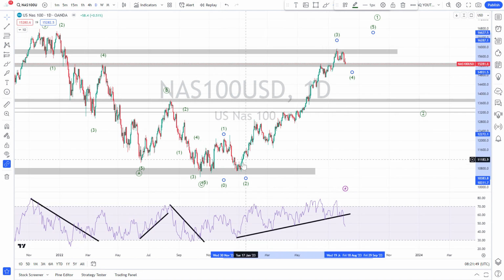We also see 5 waves in this: 1, 2, 3, 4, 5. So this looks like a perfect impulse to the upside, actually.